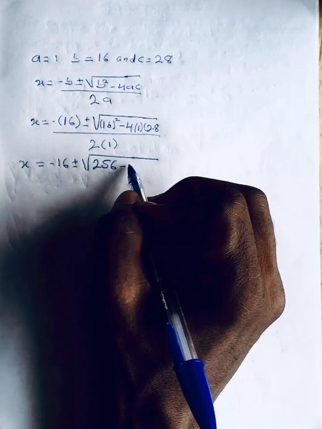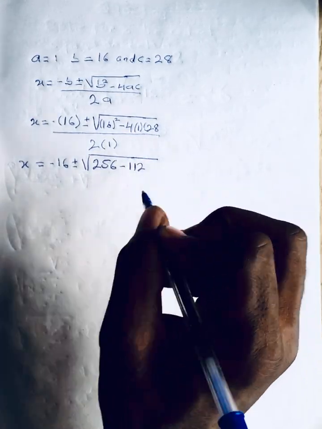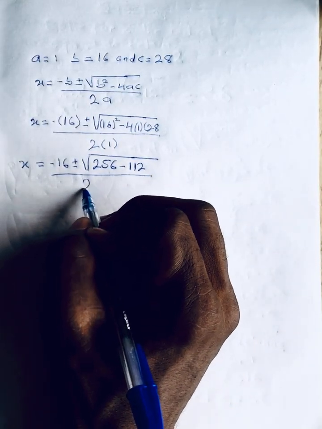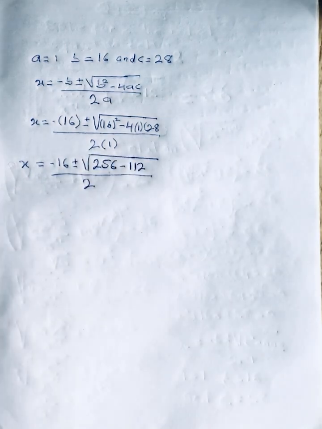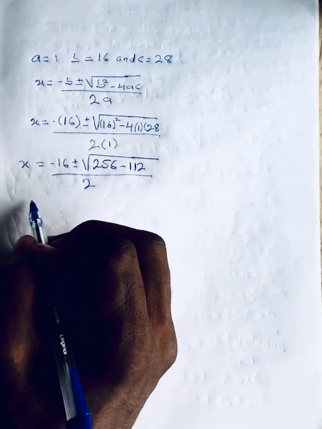That will give us 112 all over what? All over 2. Because it's 2, because 2 times 1 is still 1. Any number times 1 is 1. It's the same number, sorry.